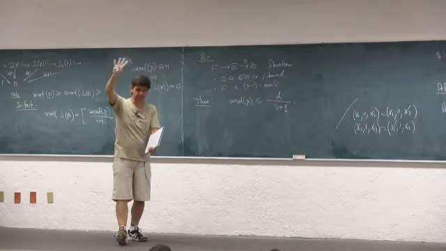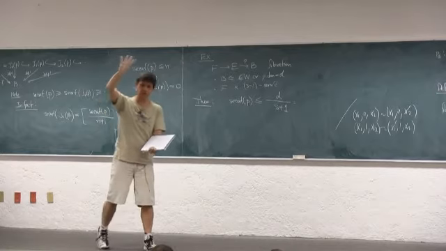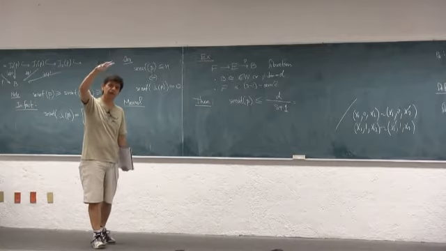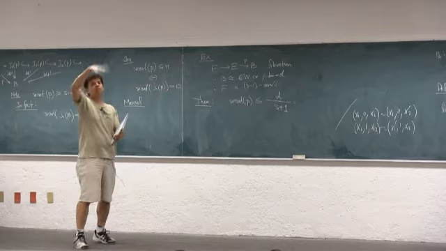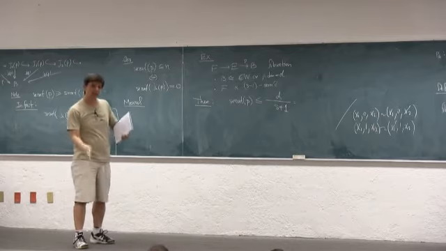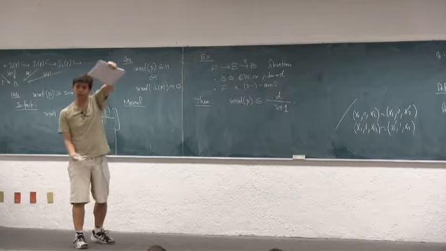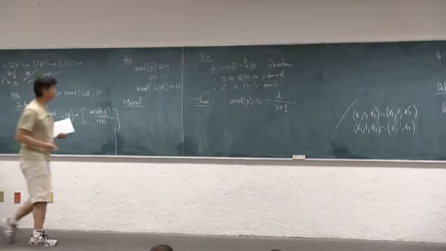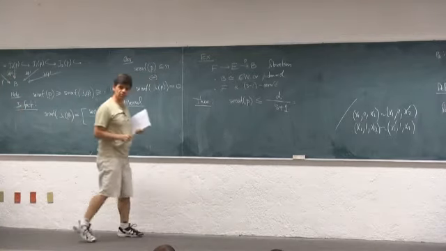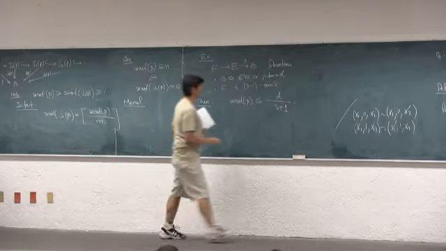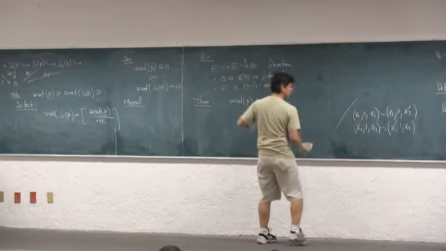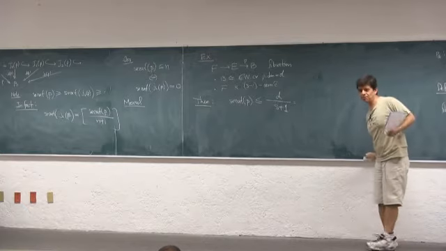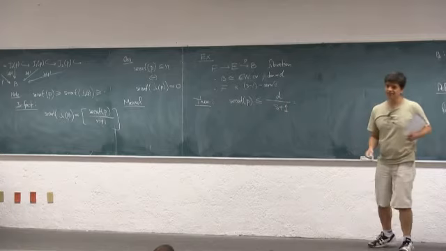And the obstructions, I will tell you a little bit about the yoga of the obstructions, lie in the cohomology of the base with coefficients, perhaps twisted, in the homotopy groups of the fiber. But the homotopy groups of the fiber start above the dimension of the base, so there is no way you can get a non-trivial group. So there are no obstructions for sectioning the relevant fiber-wise join power. So that's the idea for this. And this is a good exercise. By the way, you should be taking notes of that because those are the examples, the exercises for the problem session.